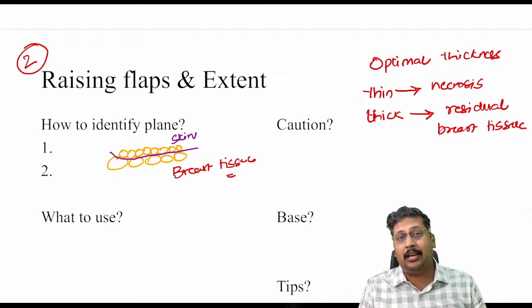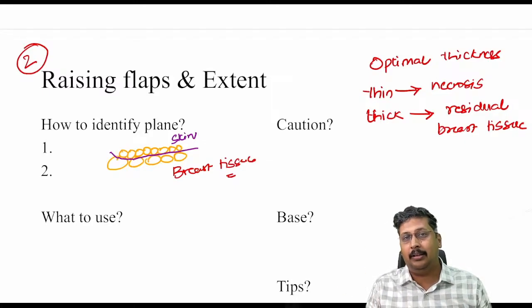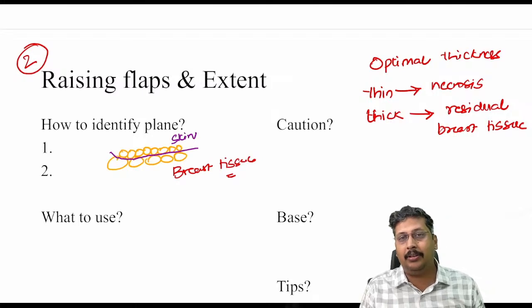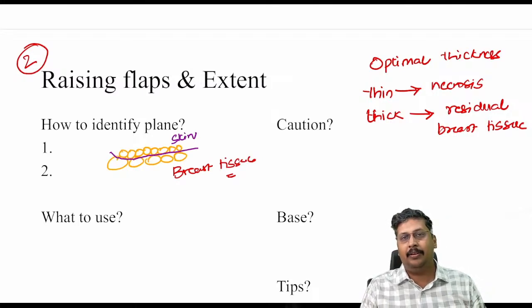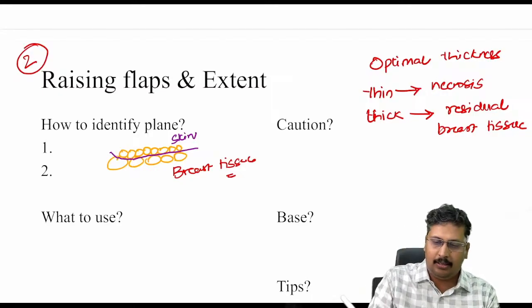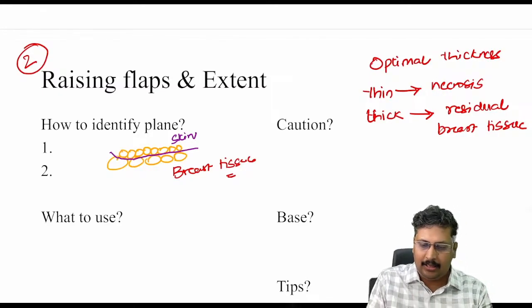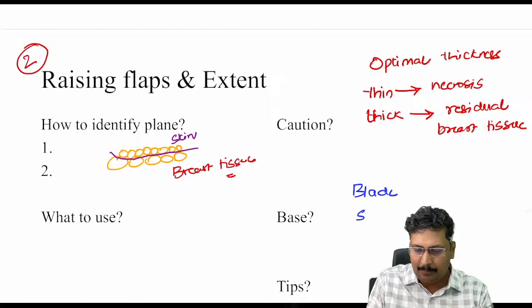and the survival chances of the skin are better. And the second most important point that we forget is the angle with which we try to do the surgery. So how do we do surgery in mastectomy? Either we can use a blade, that is a scalpel, or some people do it with scissors, or we can use cautery, that is electrocautery.